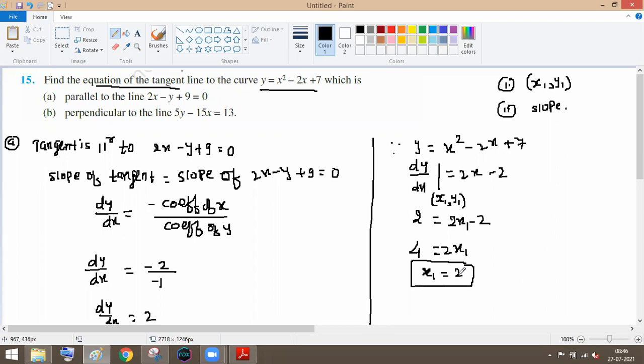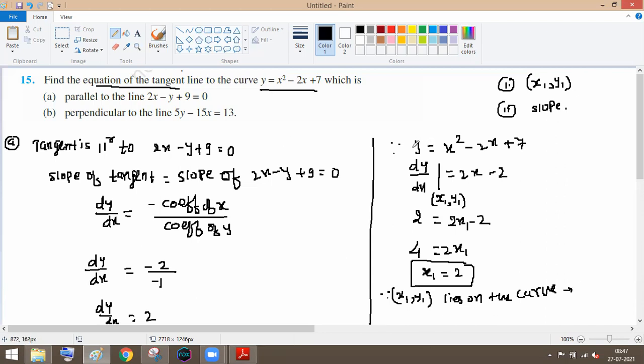So if x1, y1 is a point of the curve, it must satisfy the equation of the curve. Since x1, y1 lies on the curve, it must satisfy the equation of the curve.